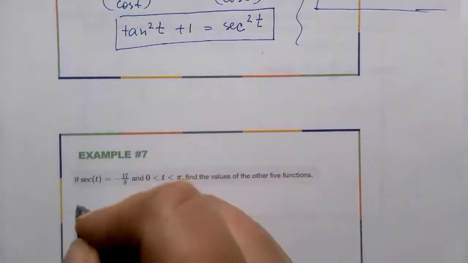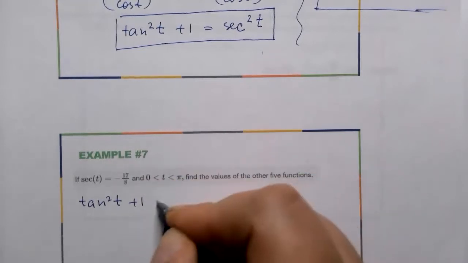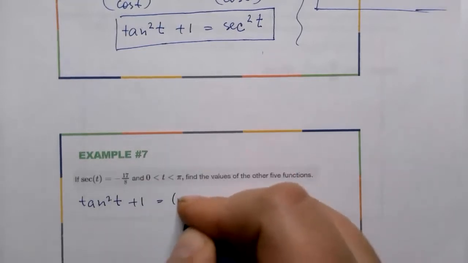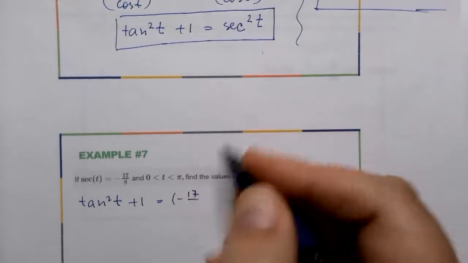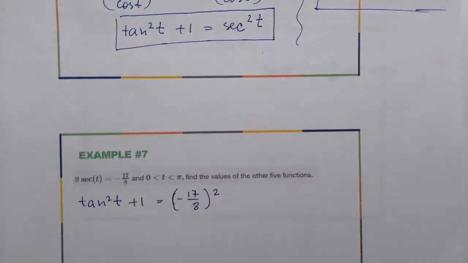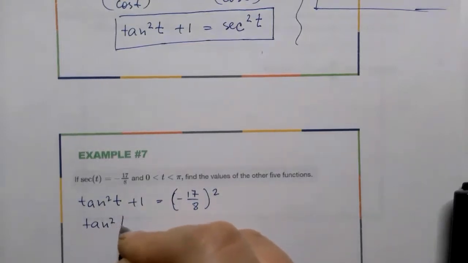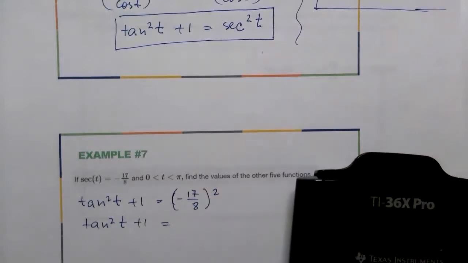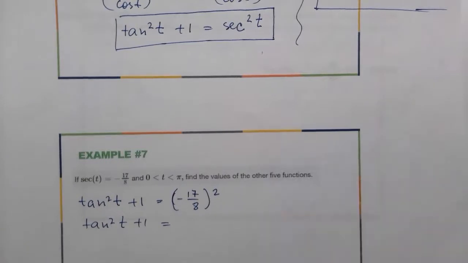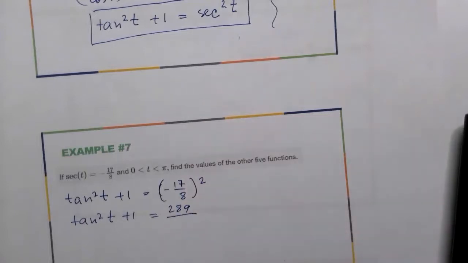So we have tangent squared t plus 1 equals secant squared, which is negative 17 over 8, squared. 17 squared is 289, and 8 squared is 64.